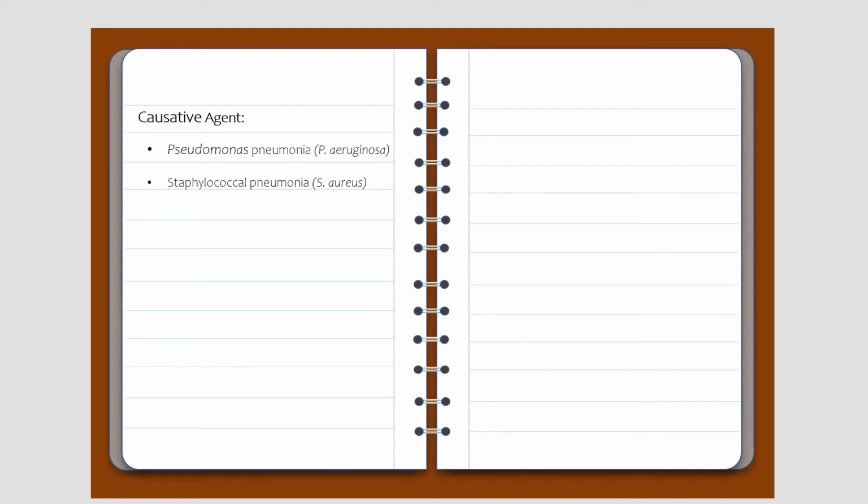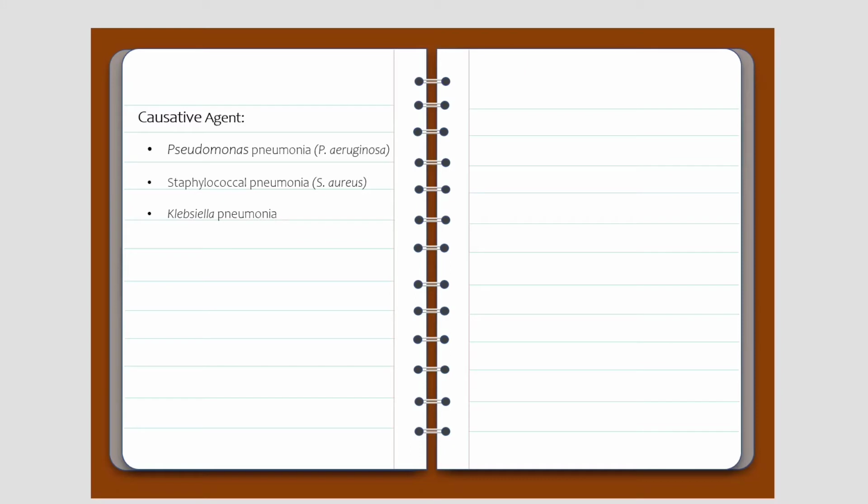This can occur through inhalation of the organism or spread through the hematogenous route. It is often accompanied by bacteremia and positive blood cultures. Specific strains of staphylococci are resistant to all available antimicrobial agents except for vancomycin.